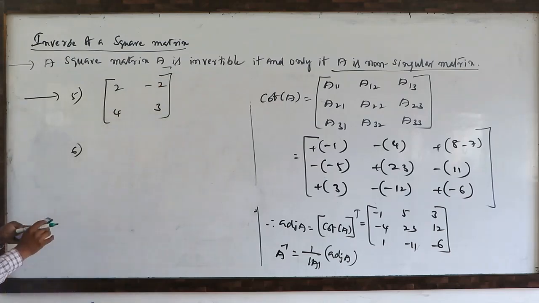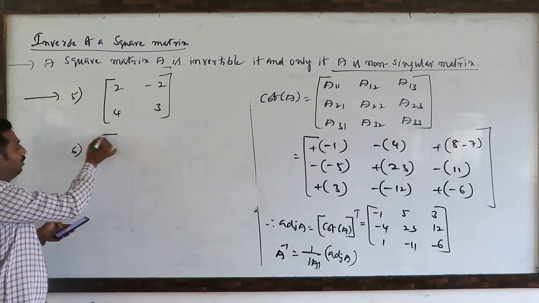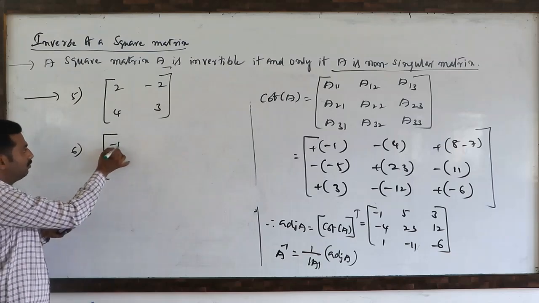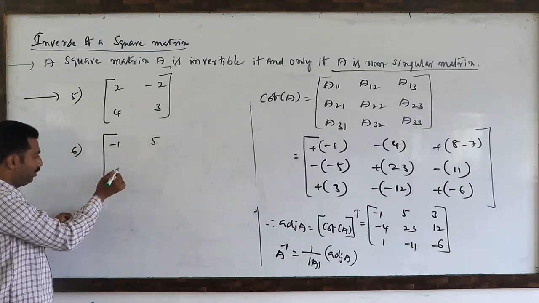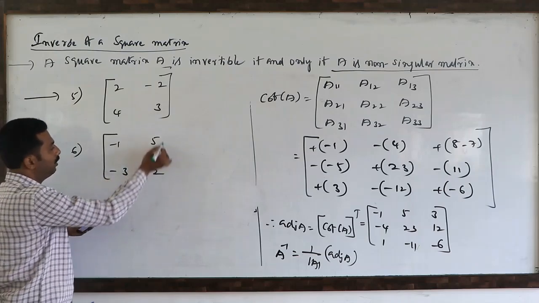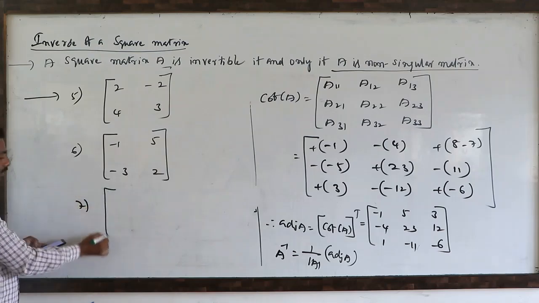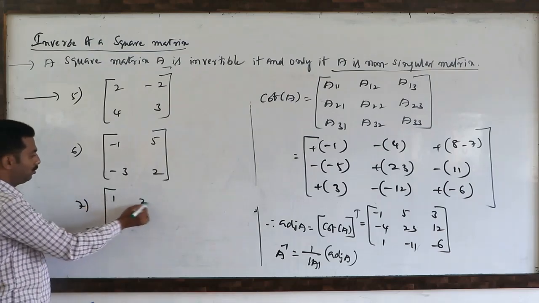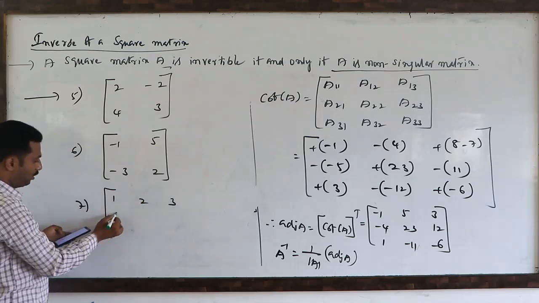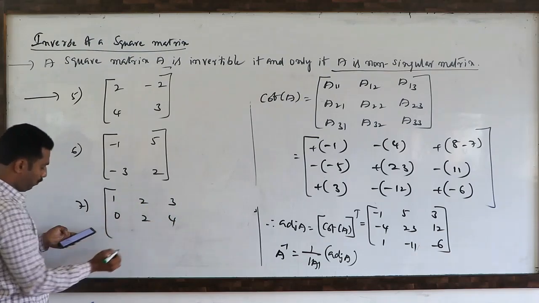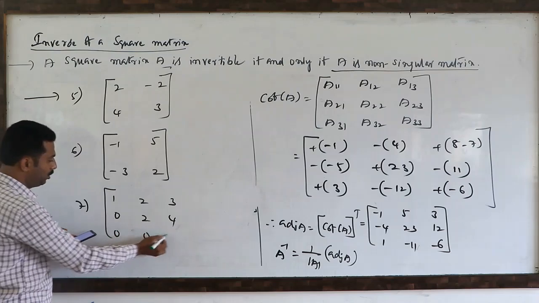Question number 6: find the inverse of minus 1, 5, minus 3, 2. Question number 7: 1, 2, 3, 0, 2, 4, 0, 0, 5.